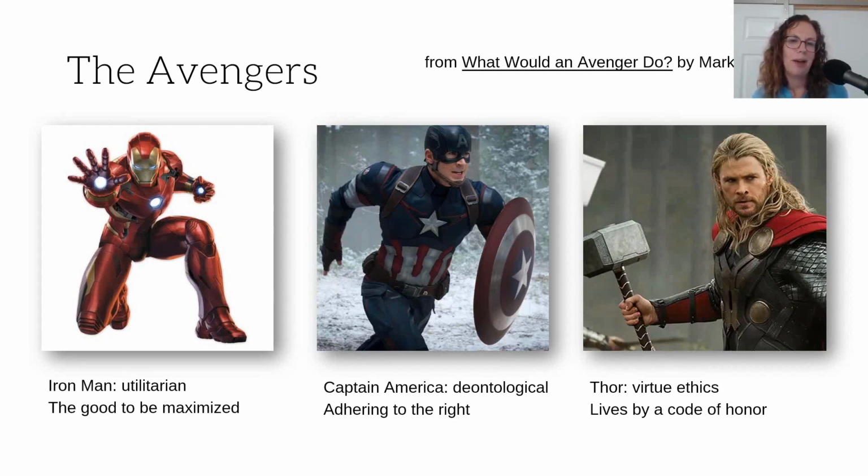It goes through three common ethical philosophies: utilitarianism, with the example of Iron Man, trying to maximize good; deontological ethics, with Captain America being an example of this, adhering to the right; and then virtue ethics, Thor, living by a code of honor. And so I thought that was a nice reading.